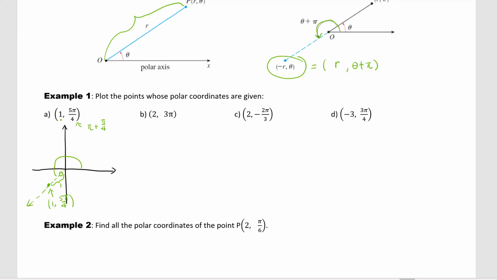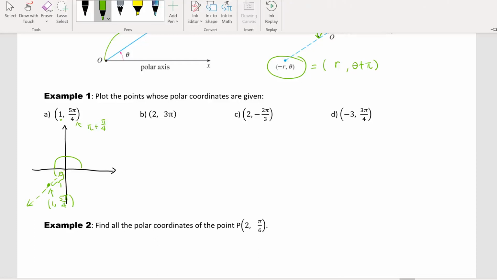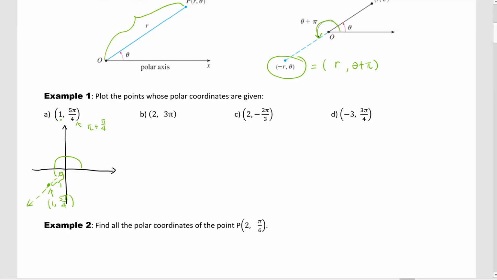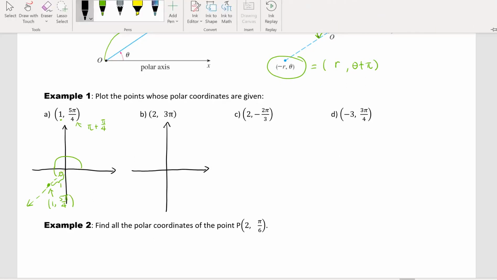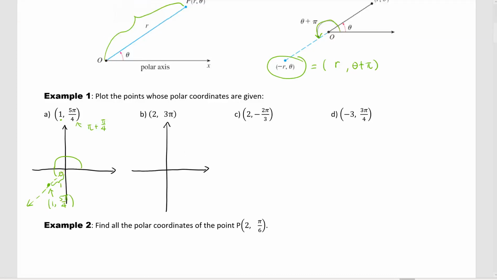Okay, how about part B? I hope you can practice doing it, and then you can go over the answer with me together. So first we look at the angle 3 pi. Well, we know one round is 2 pi, so 3 pi is still this direction. So that's why we are here.